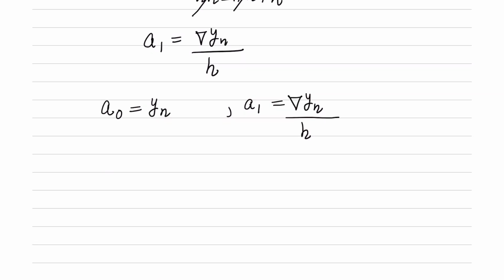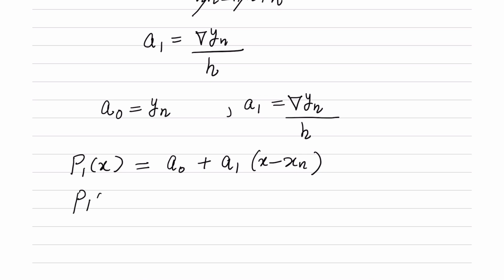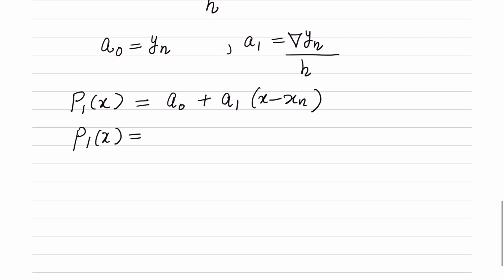So the Newton's polynomial for the backward difference operator was a naught plus a1 times x minus the last x. Now we plug in the values of a in the backward difference operator form, which is yn plus a1, backward yn over h, times x minus xn.